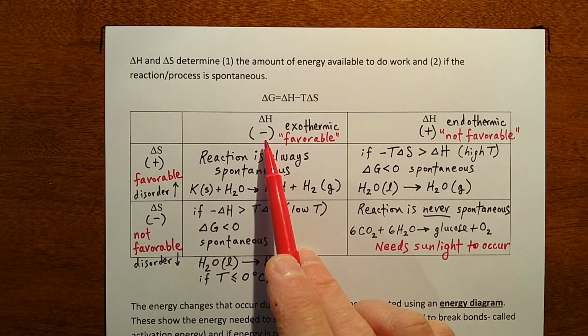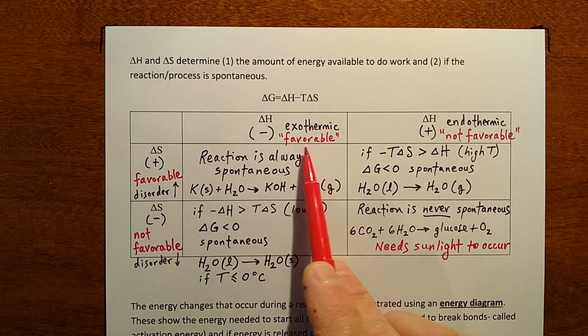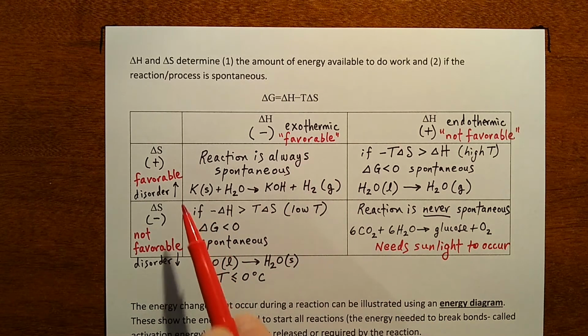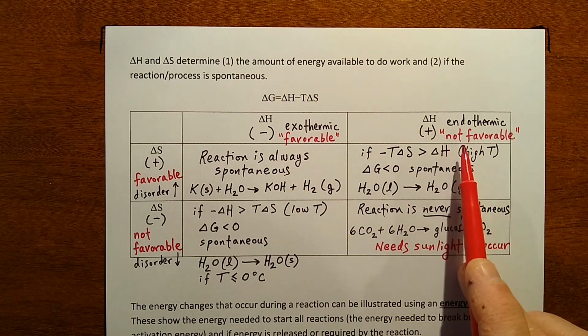So if you have an exothermic reaction, we generally say that's favorable. Reactions want to be exothermic, but not always. Or you have an endothermic reaction where heat must be put into the system for the reaction to go.